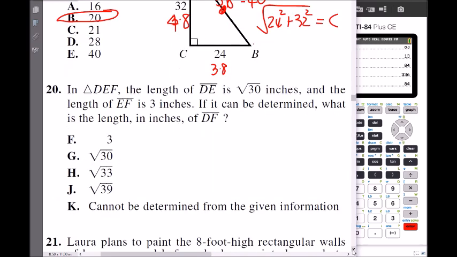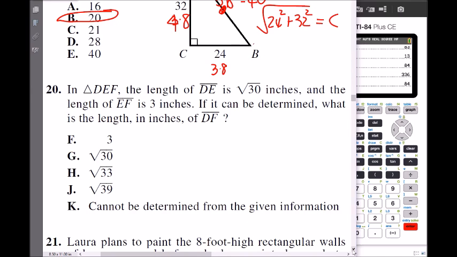In triangle DEF, the length of DE is square root of 30 inches, and the length of EF is 3 inches. If it can be determined, what is the length in inches of DF?